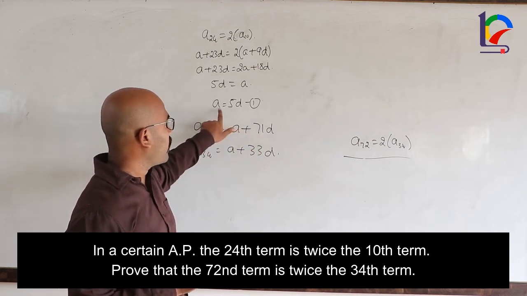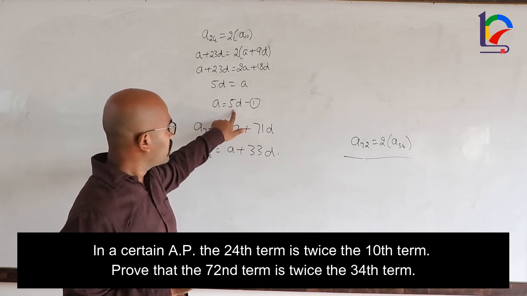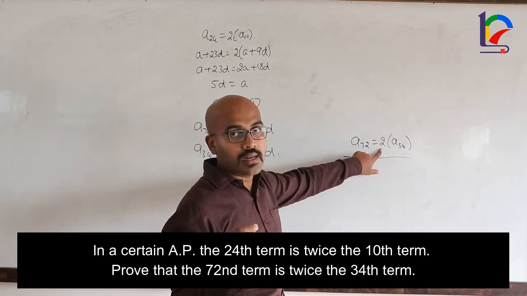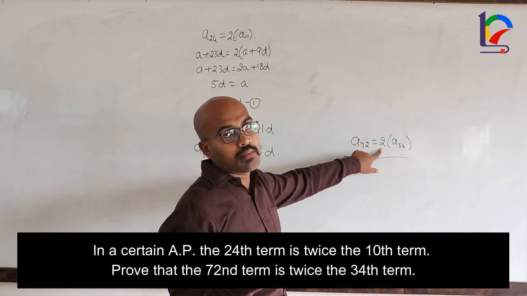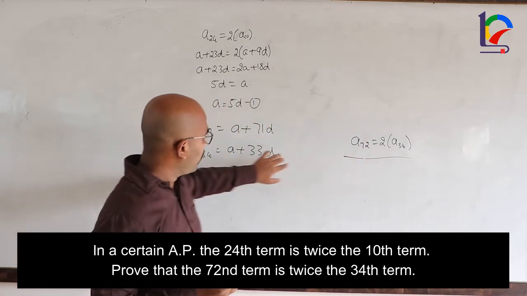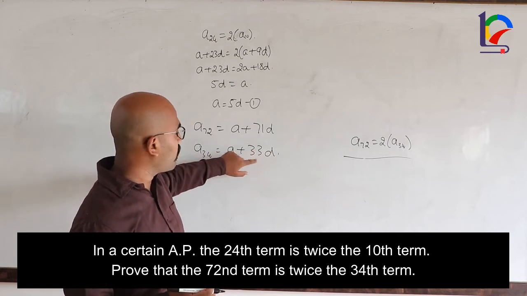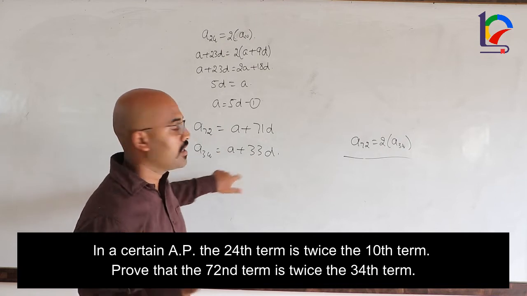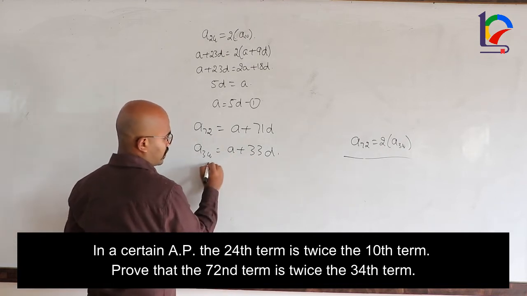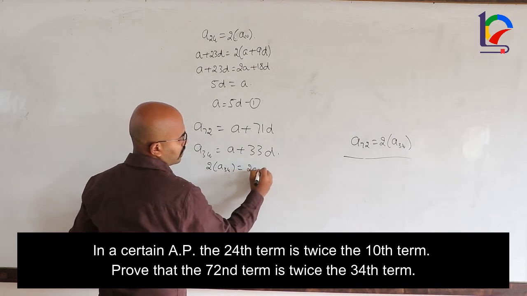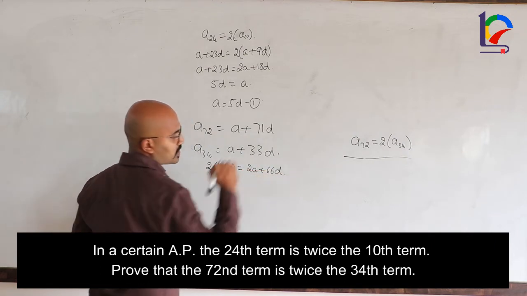They have given the double, so when you double this, what will you get? You will get 2a and 66d. 2 times the 34th term is 2a plus 66d.